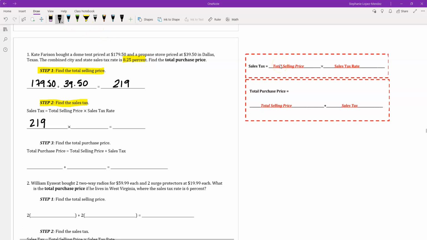Now, before working with this percent, remember that in our previous section, we learned how to convert percents into decimals, right? So we're working in this case with 8.25%. Step number 1 was to drop our percent sign. I have 8.25. And in our second step, we needed to move our point 2 places to the left. 1, 2.